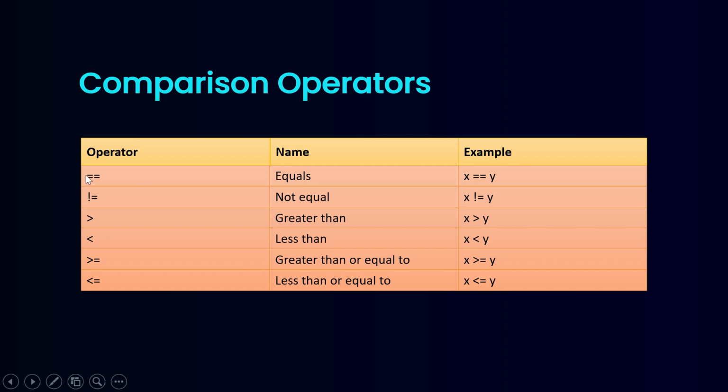So we have the operator equal to, which verifies whether both elements are equal or not. And then we have not equal to, then greater than, then less than, then greater than equal to, and less than equal to.